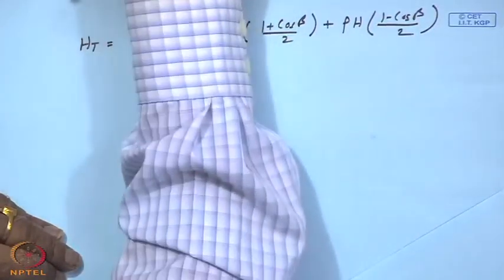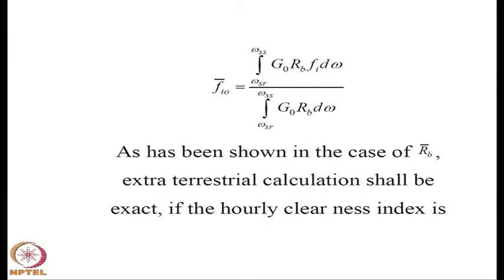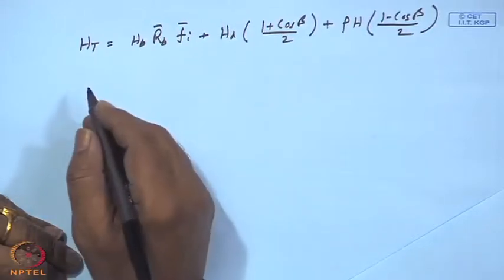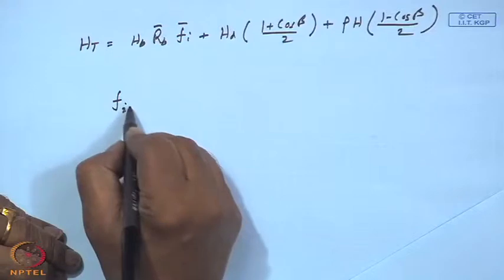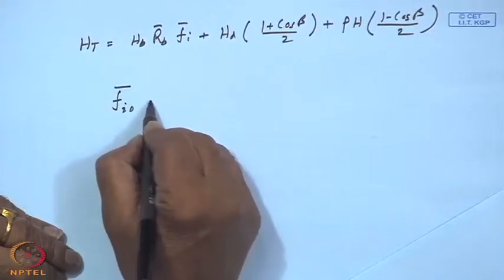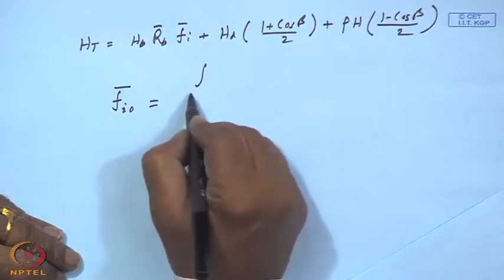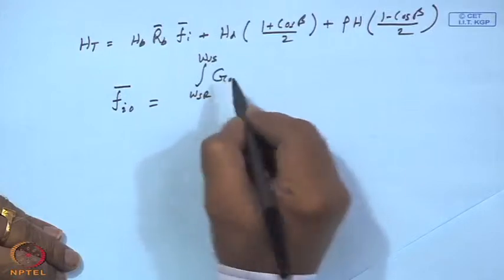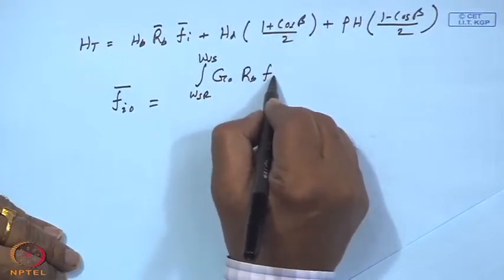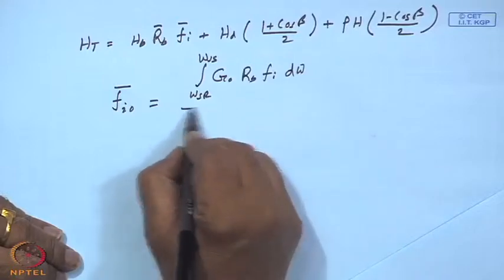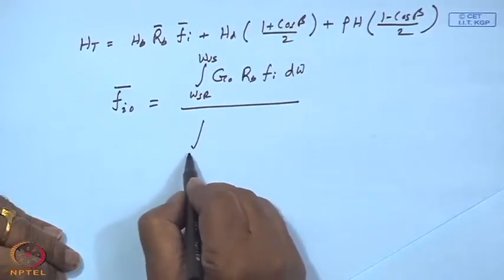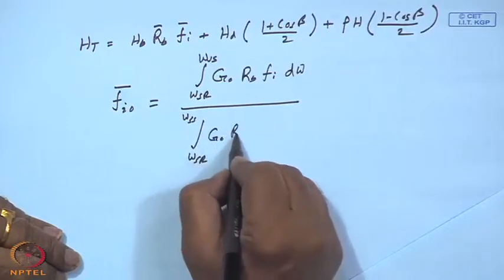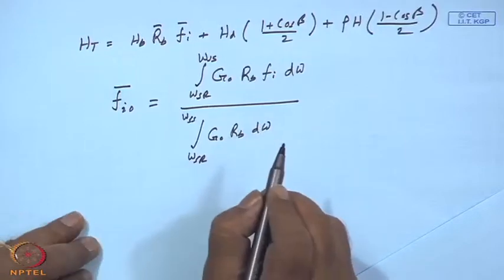So, under extraterrestrial calculations, just like we have done for Rb bar, which I will indicate by the suffix O, it will be the integral from omega sr to omega ss of G0 Rb Fi d omega upon the integral from omega sr to omega ss of G0 Rb d omega.